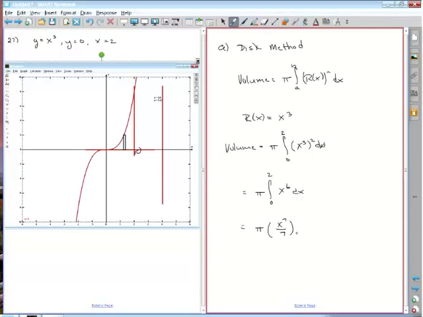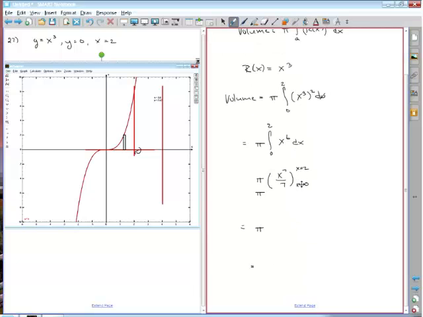We evaluate that between x equals 0 and x equals 2. The lower limit, because it's a polynomial, goes to 0, and then we have 2 to the 7th power, which is 128. So we get 128 pi divided by 7 is the volume.